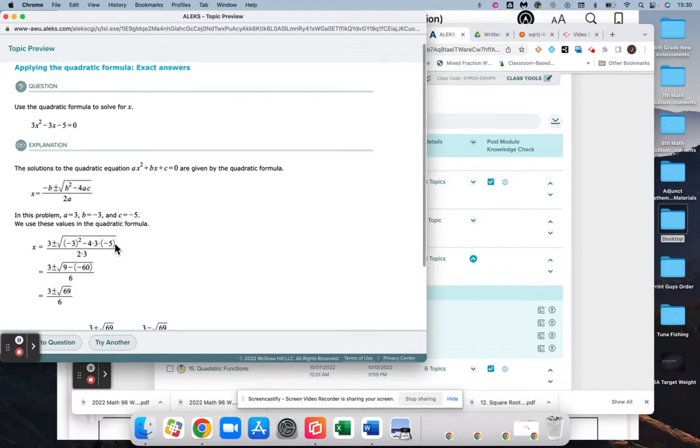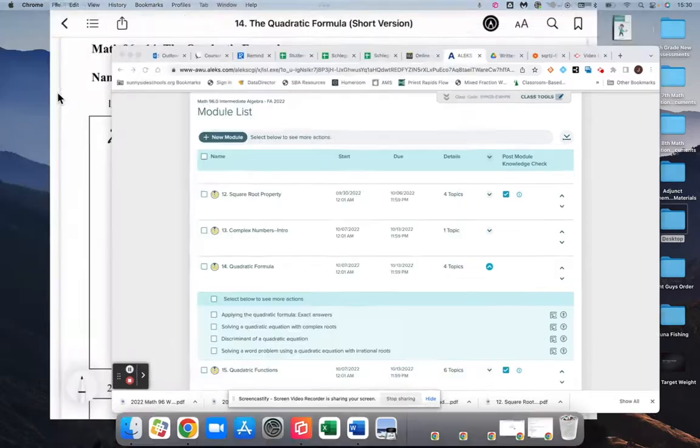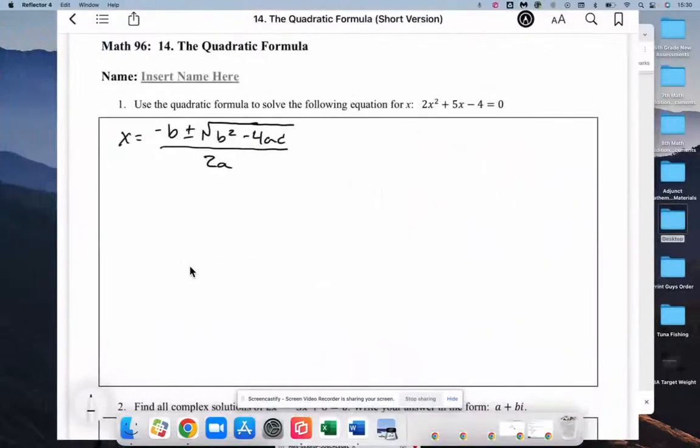So there we go. X is equal to negative b plus or minus the square root of b squared minus 4ac over 2a. Okay.